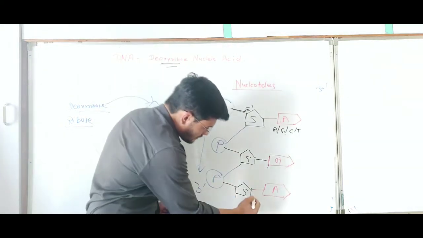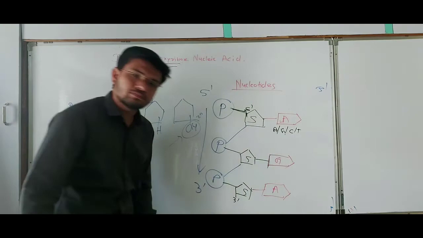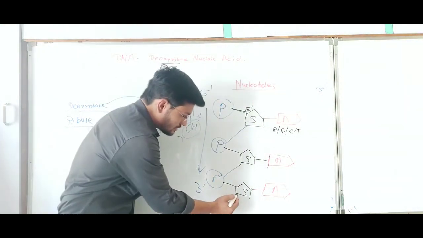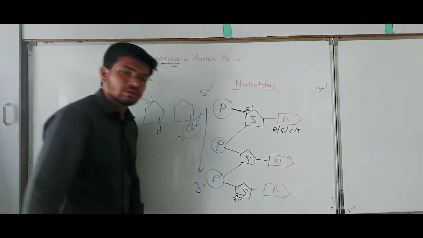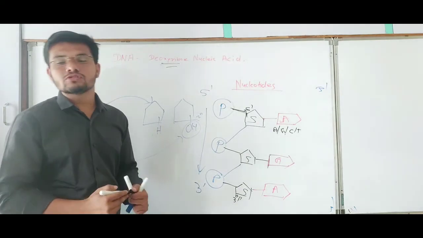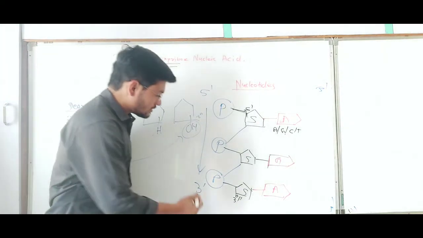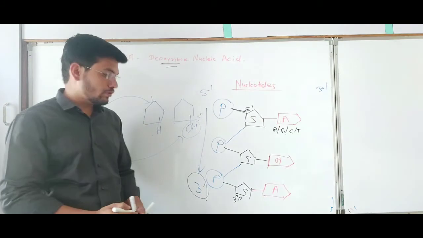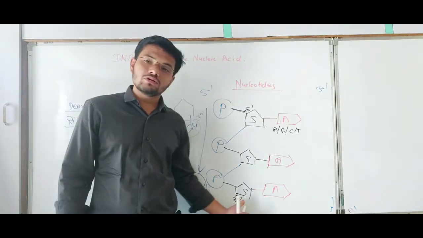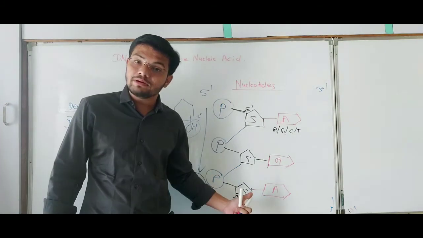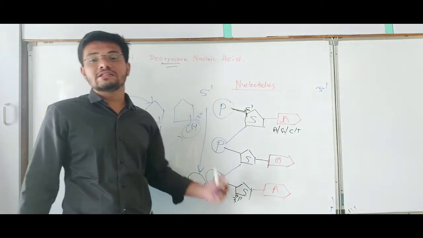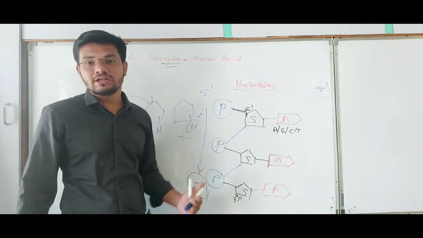This is the 3rd carbon of the sugar, and this hydroxyl group is not attached to the next nucleotide's phosphate. So that's why this end is known as the 3' end, because the hydroxyl group on the 3rd carbon of this nucleotide is free and not attached to the next nucleotide.